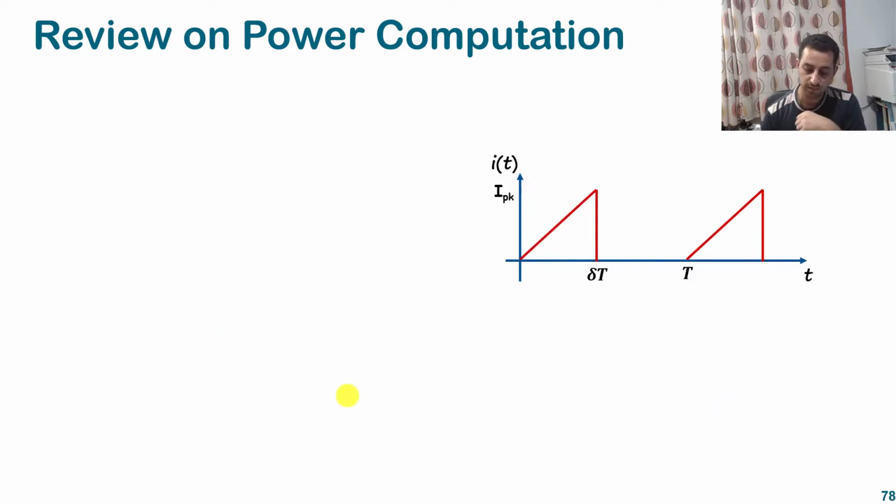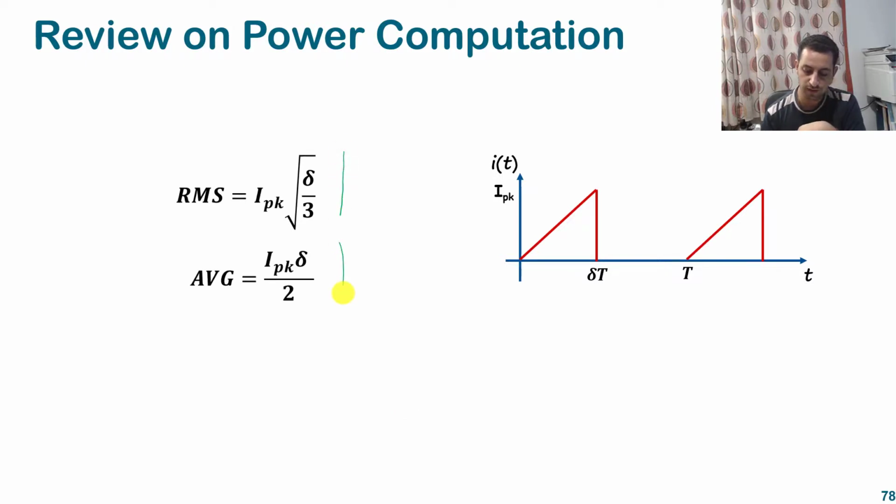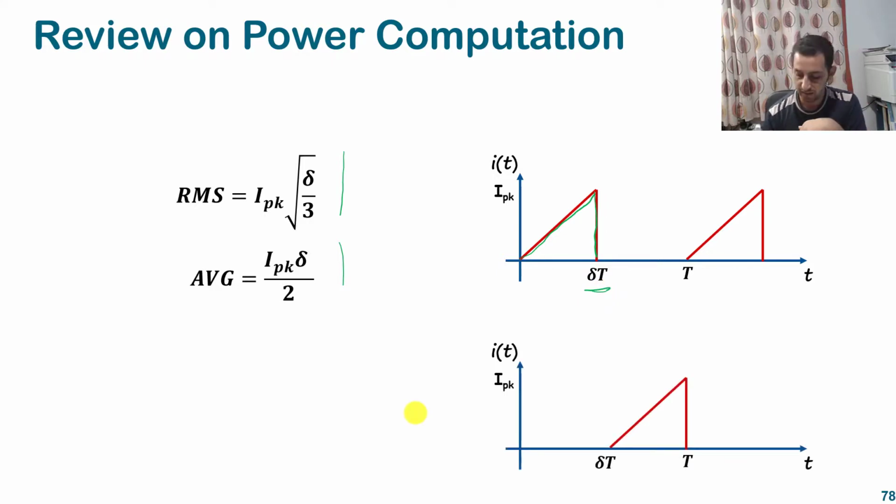Now let's have another example. If I have the signal we just saw before, which has this RMS value and this average value, but instead of making the signal on for the delta t duration, I shifted that to 1 minus delta duration. So that duration from here to there is 1 minus delta t.